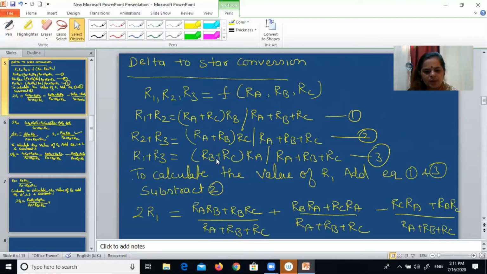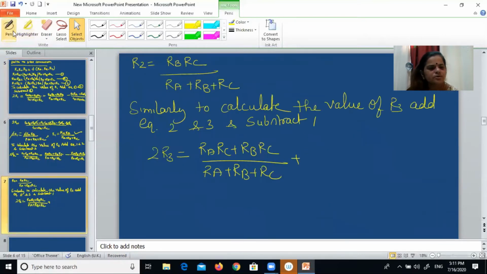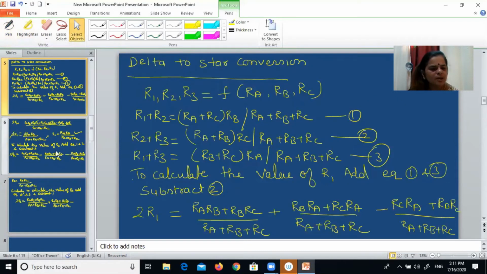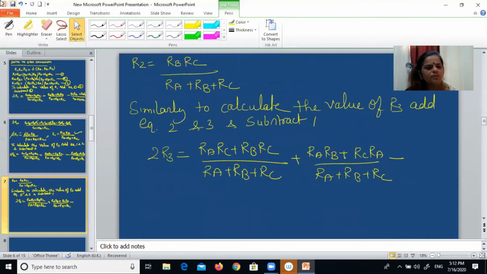We are supposed to add equation 3, so RA RB plus RC RA, RA RB plus RA RC, divided by RA plus RB plus RC, and subtract 1. What is 1? RA RB plus RB RC, divided by RA plus RB plus RC.